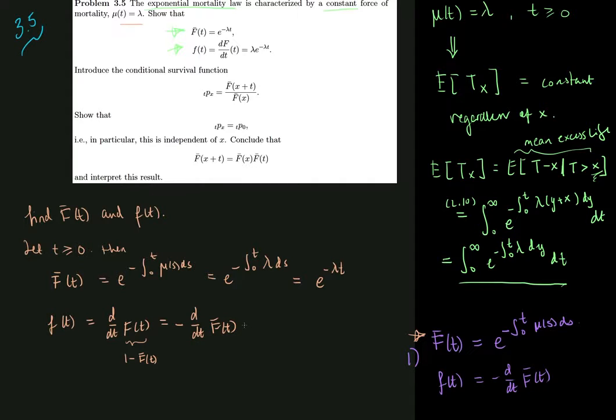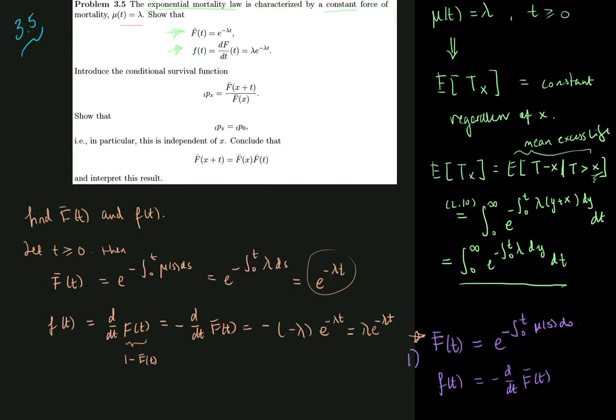And we already have the survival function. It is up here. That means we can just take the derivative of that and put a minus sign in front. So we have minus lambda multiplied by e to the minus lambda t, and the two minuses cancel, so the density is now confirmed to be lambda multiplied by e to the minus lambda t. So that was part 1.